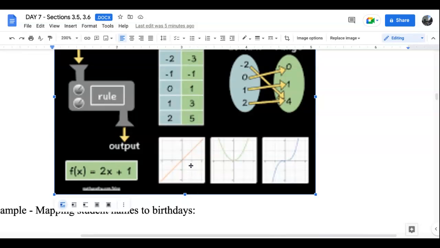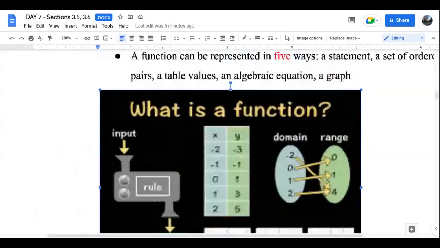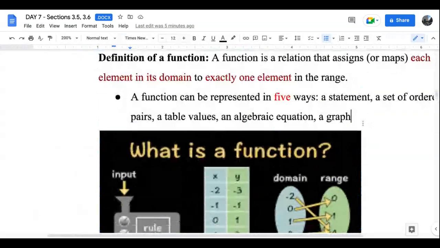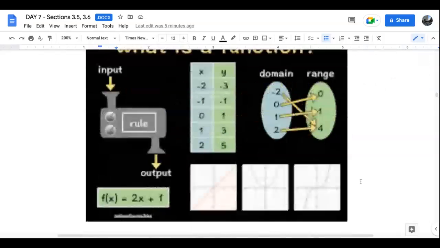That would be the statement. And this one is just a graph. Normally we use 2 or maybe 3. In the beginning, we use tables of values a lot. But gradually, we use algebraic equations and we learn their graphs.